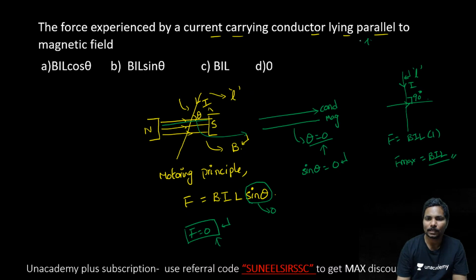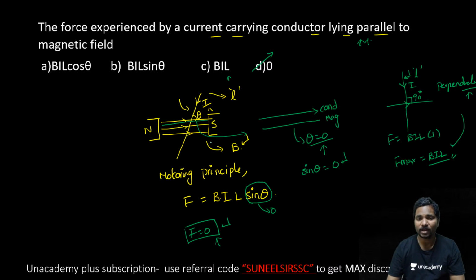Here parallel is given, so we can say the force is 0. In case of perpendicular, that is BIL, option C. If nothing is mentioned, the force is BIL sin theta. Coming to the next question.